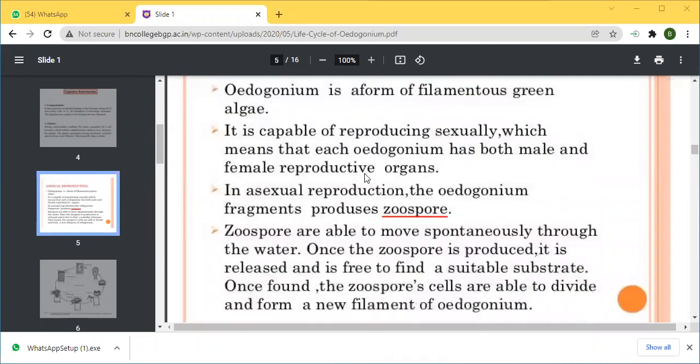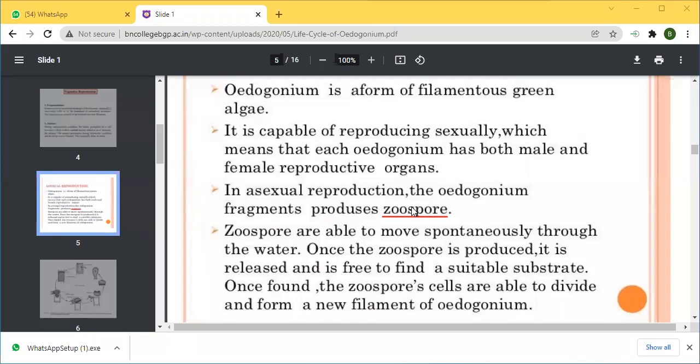It is capable of reproducing sexually. What is the meaning of sexually? Each Oedogonium has both male and female reproductive organs present. Asexual reproduction, the Oedogonium fragments produce zoospore formation. What is the type of asexual reproduction here?